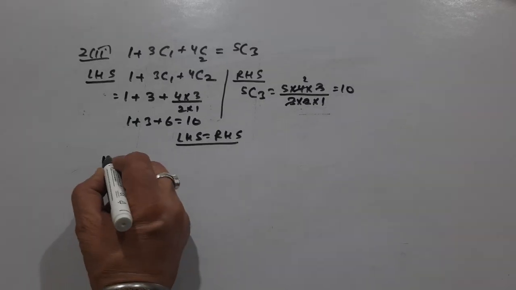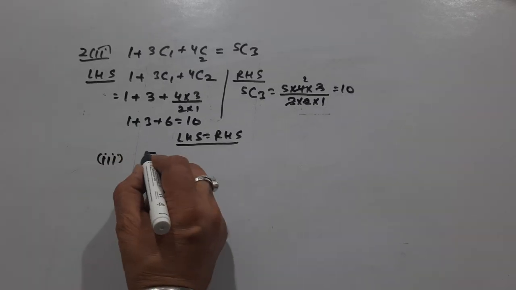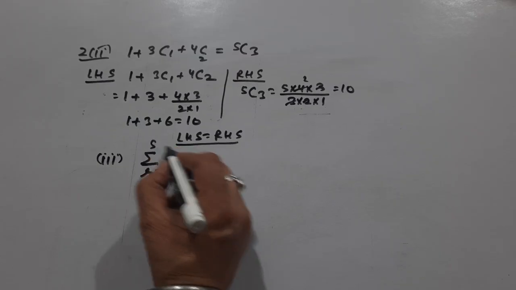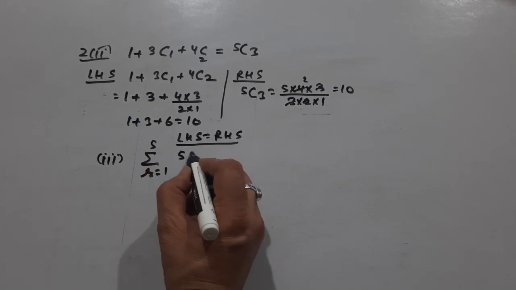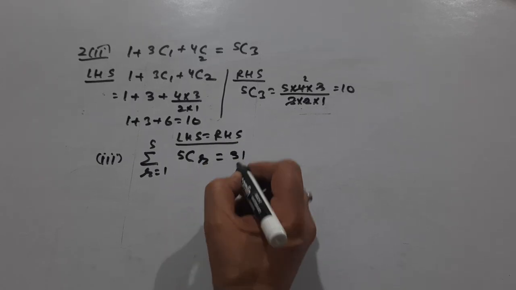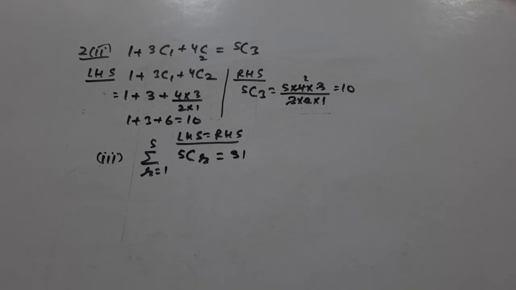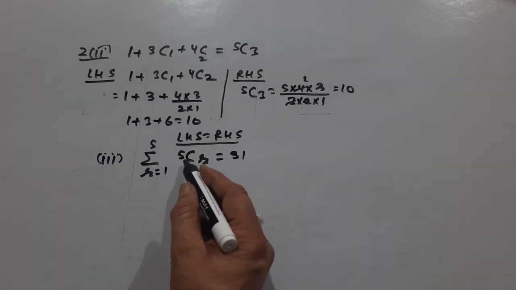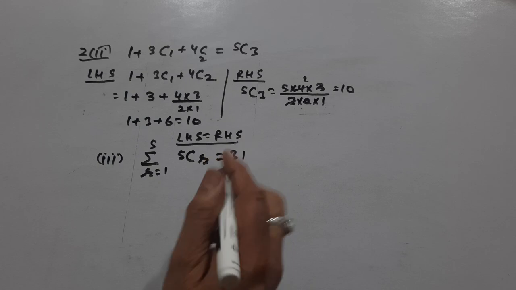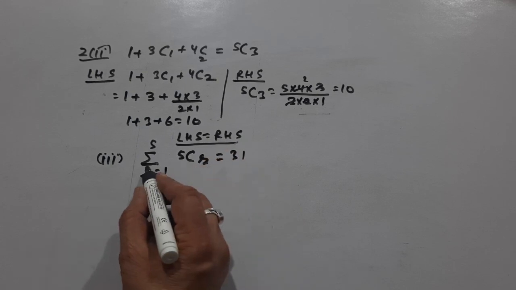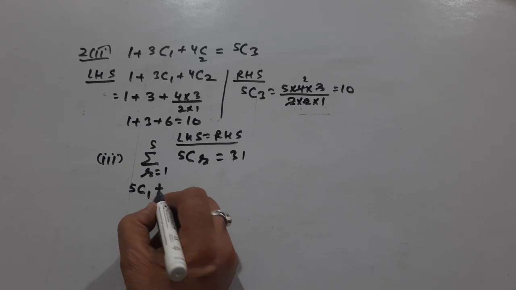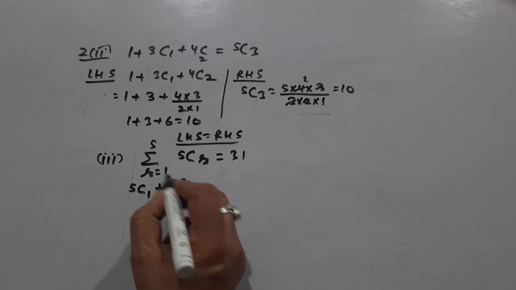Now the third part: summation r equal to 1 to 5, 5CR. This is to be proved equal to 31. Summation means sum, and we put r equal to 1, then 2 up to 5.